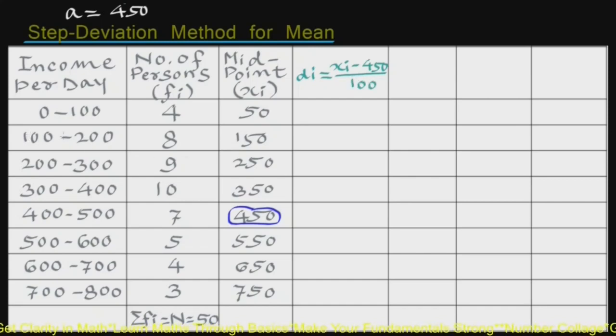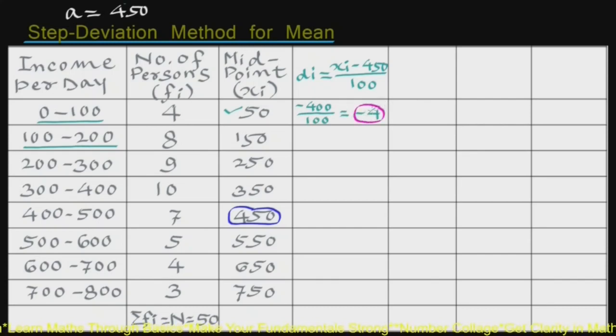Here class width means difference between upper limit and lower limit: 100 minus 0 is 100, 200 minus 100 is 100, and so on. So the first value of di will be 50 minus 450, which is minus 400, upon 100, which is minus 4. Can you see how the number got reduced?